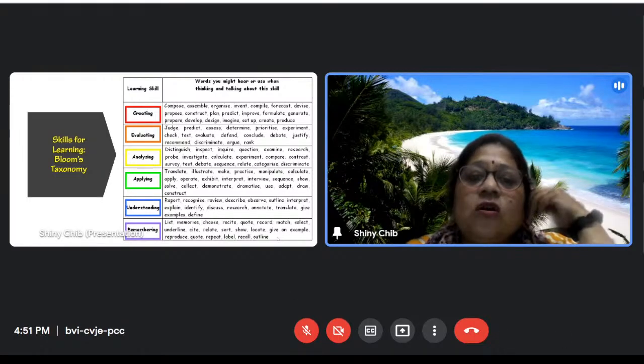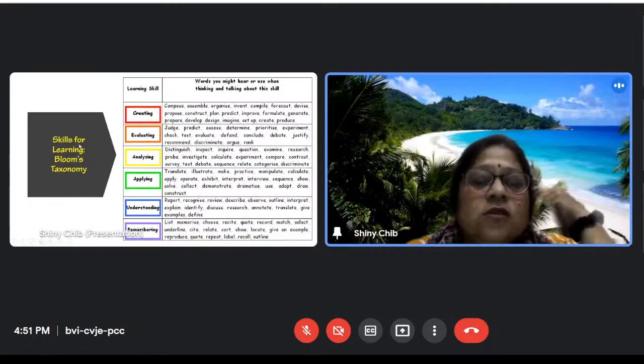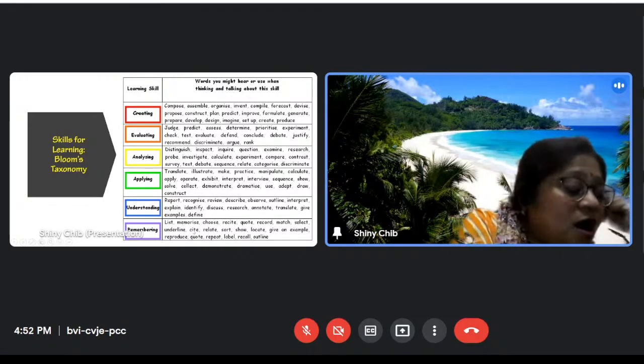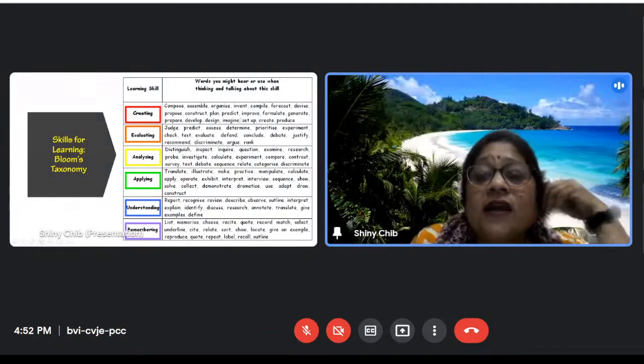This is already available on the website and all. So in Bloom's taxonomy, in order to evaluate whether the students have understood and learned it, yes or no, you can use these action verbs.